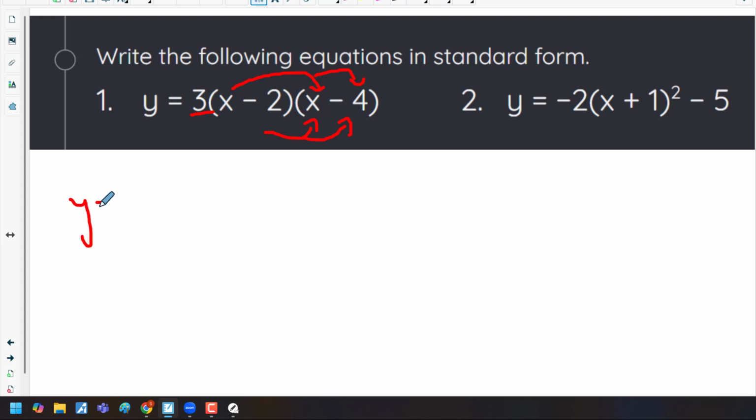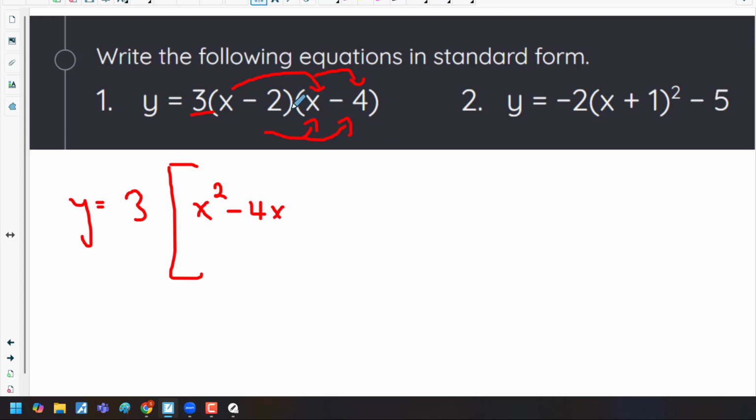So y is equal to 3. I'm going to write a big giant bracket here. X times x is x squared. Okay, do big work. So x times negative 4 is negative 4x.